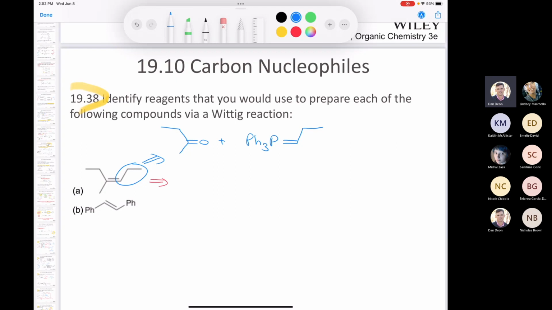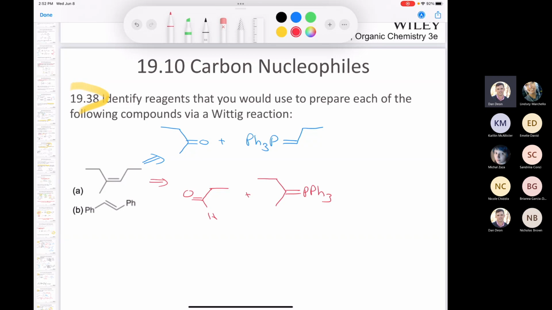And the other possibility would be what? It would be if this is my ketone. So it's not a ketone, it would be an aldehyde. There we go. So this would be my aldehyde.